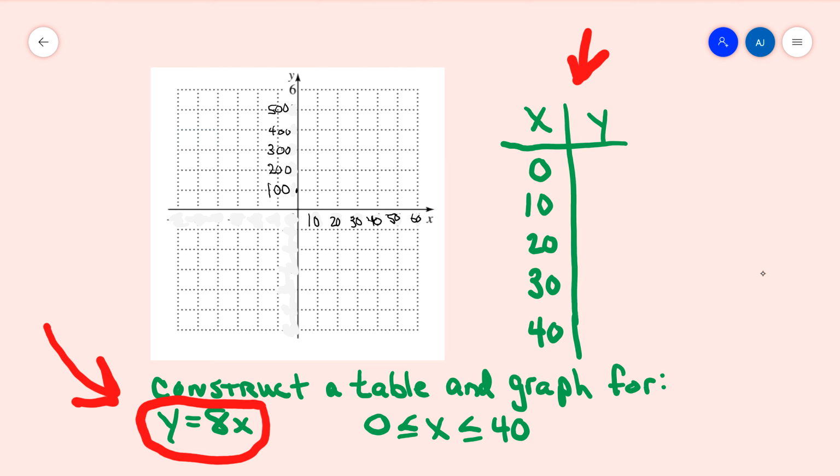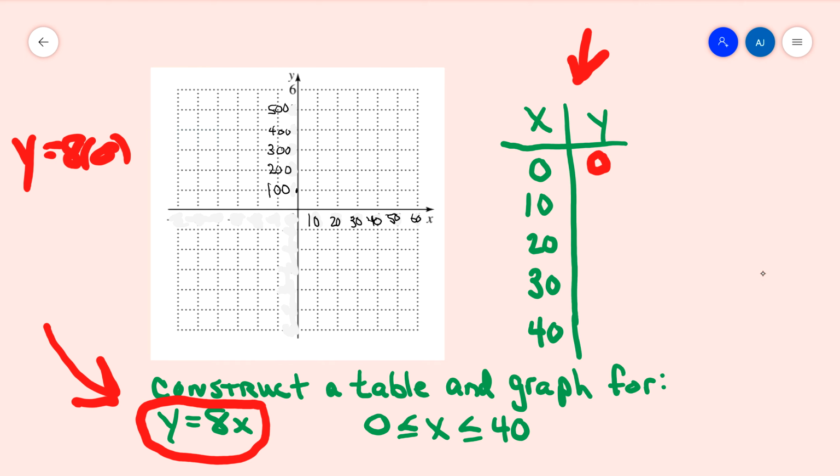So I'm saying here, when x is 0, what is y? Well, if I replace 0 for the x here, I'm going to have that y equals 8 times 0. So when x is 0, y is also 0. And I'll plug it in here. And I'm going to do that for the 10, the 20, the 30, and the 40.